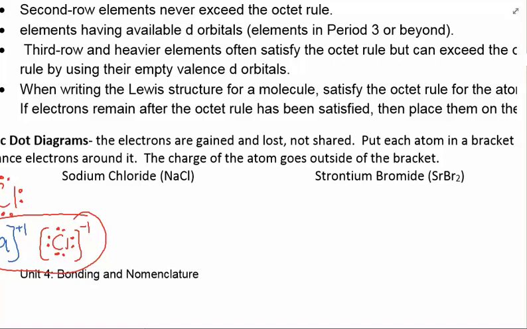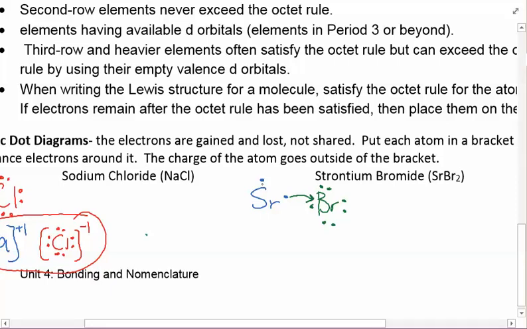So the next one, strontium bromide, is a similar situation, but strontium has 2 valence electrons, and bromine has 7. Okay. So similar situation. One of strontium's electrons is donated to bromine. However, what happens here is that strontium still has a leftover electron.